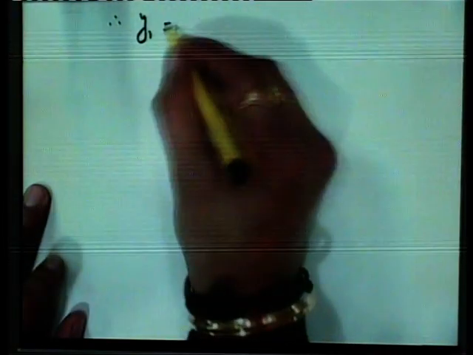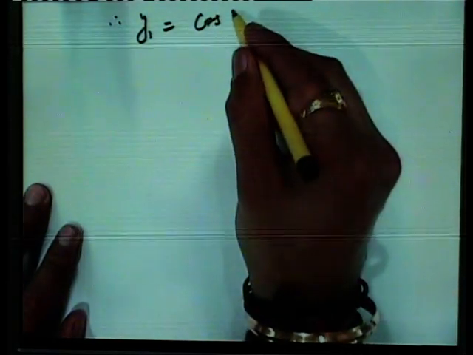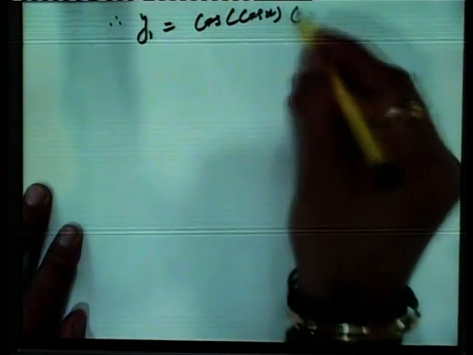Therefore, y1 is equal to cos of cos x, d dx of cos x is equal to minus sin x.